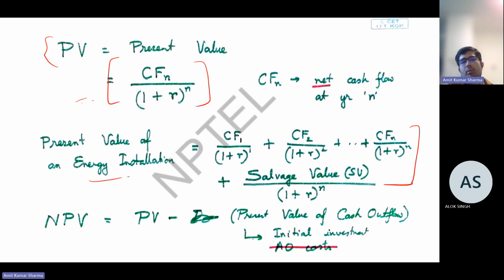I think we have also solved a question based upon it. After putting in all the cash flow values, the rates and time, you can find the present value of the energy installation. Then you can find the NPV, which will be the present value minus the initial investment.